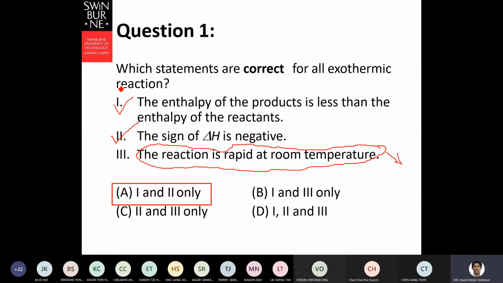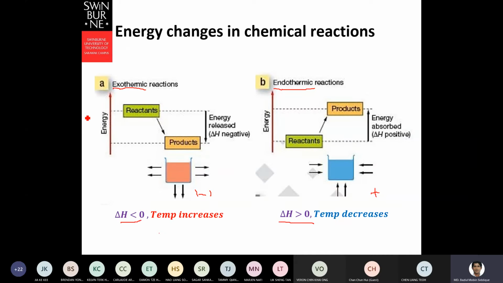So the enthalpy of the product is less than the enthalpy of the reactant. Looking at the previous slide for exothermic, the reactant energy is higher because the energy axis goes up this way. If the product is 1, the reactant should be more than 1, maybe 5.